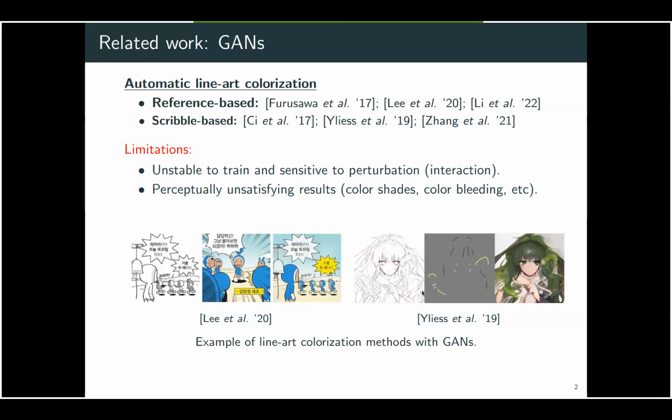In the second one, scribble based, the user inputs some color scribbles, or color hints, in order to propagate across the line art. Although GANs can produce high fidelity images, these architectures can be unstable to train and sensitive to perturbation, or also sensitive to external interactions, which could produce perceptually unsatisfying results, as we can see, for example, in this image or in the hand of this result.